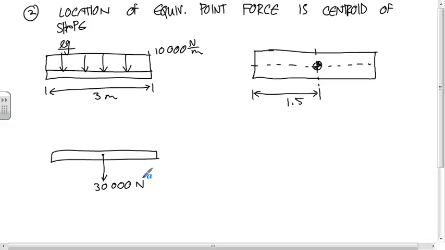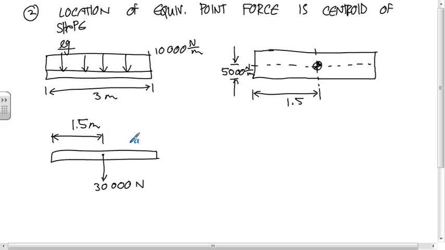Oh, we do know the height, you're right. Yeah, so this would be, thank you. This would be 5,000. And this distance is 1.5 meters. We do know the height, but it doesn't matter what the height is.